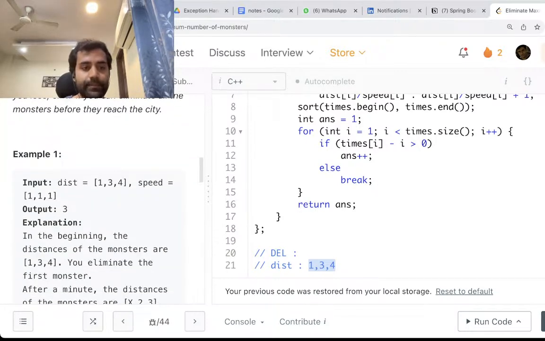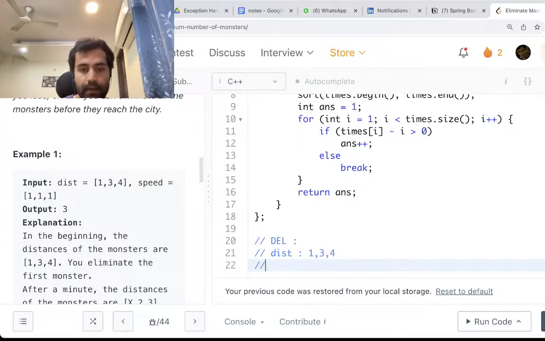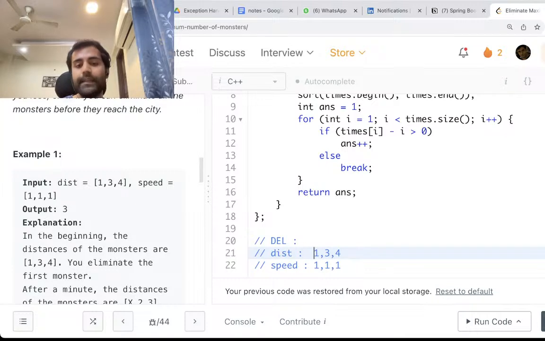Let's say their speeds for now are equal to this. Understand that the speeds could be different also. Here coincidentally it is the same, but it can be possible that the speed of the third monster is maybe 2 units per minute or whatever.